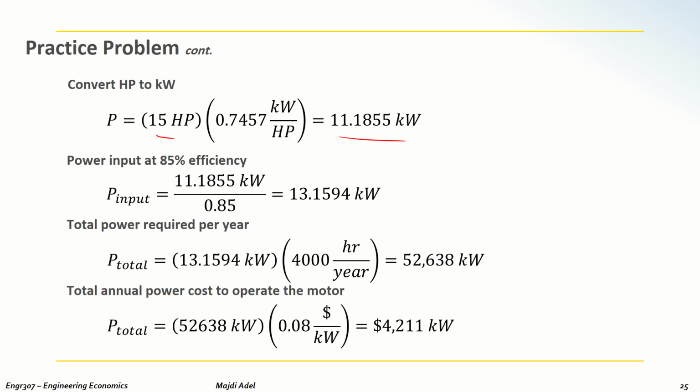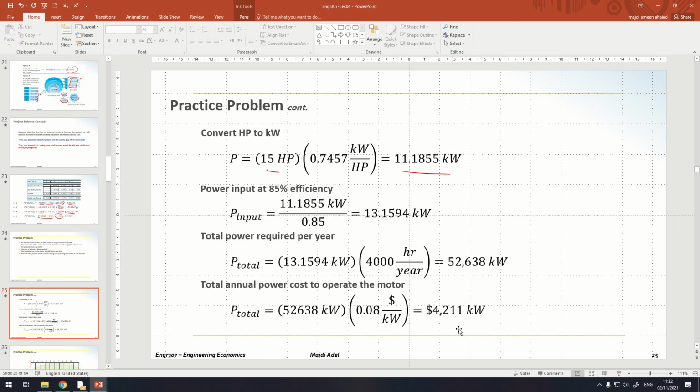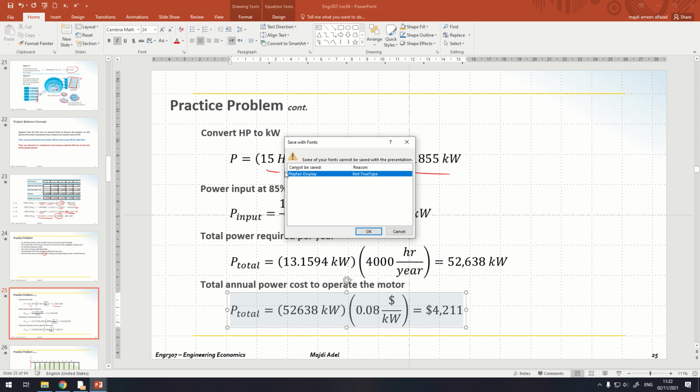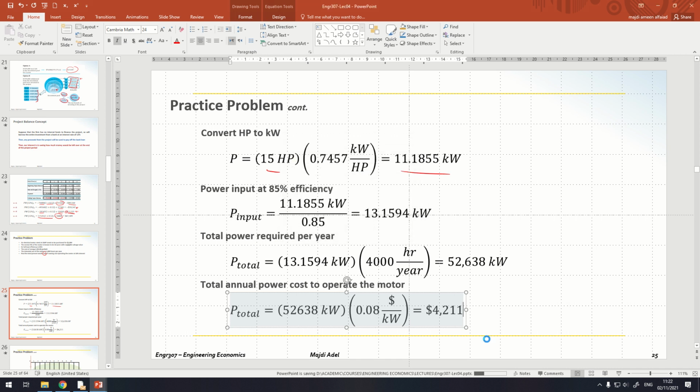Multiplied by the cost of 1 kilowatt-hour, the power cost is going to be $4,211. This is the power cost.